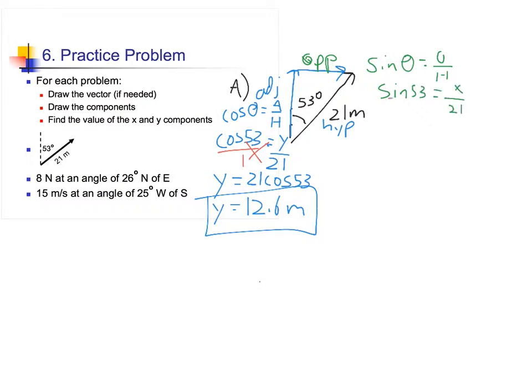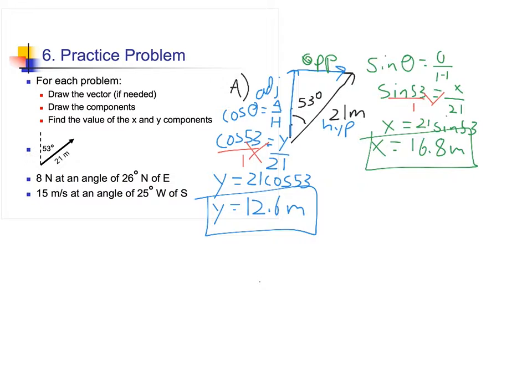We cross multiply once again, and we find here that x is going to be equal to 21 sine of 53. And we go ahead and calculate that, and we get that x here is equal to 16.8 meters.